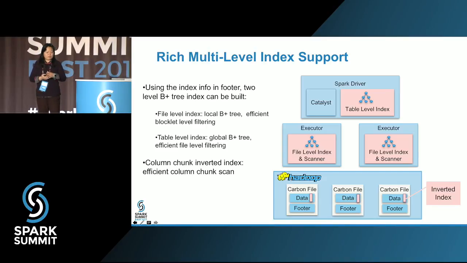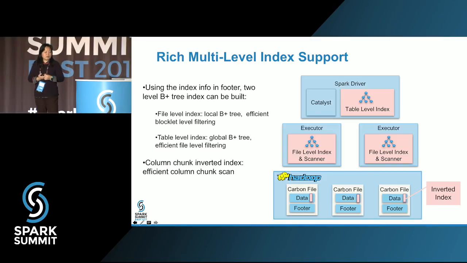So we have two types of B-tree index at different levels. One filters carbon files on the driver side, and on the executor side, we are able to filter out blocklets within a file to do a much more efficient scan and safely skip some file scans compared to other file formats. We're going to talk in more detail about how to leverage these different levels of index support in the Spark integration session.